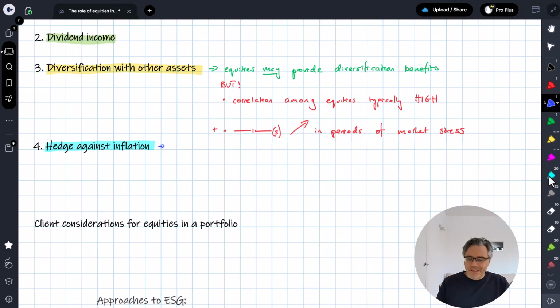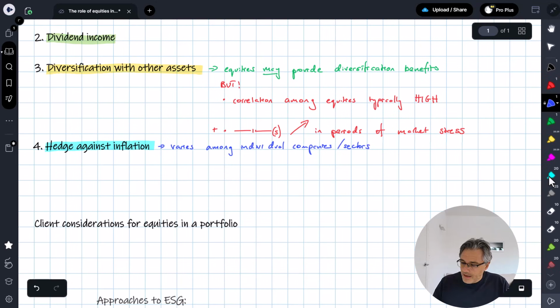So the ability of equities to provide a hedge against inflation very much varies among individual companies, and actually sometimes not just companies but entire sectors of business or industry.